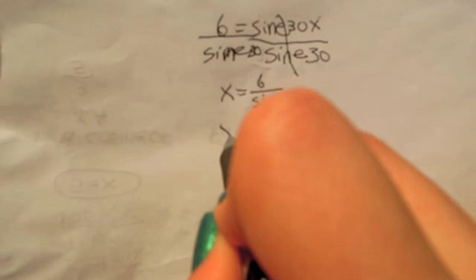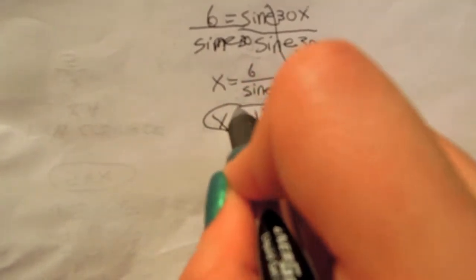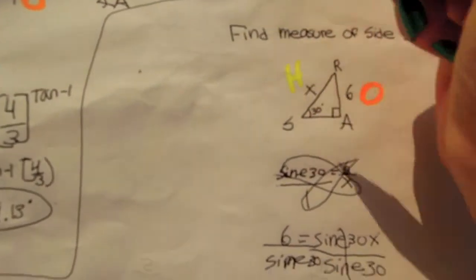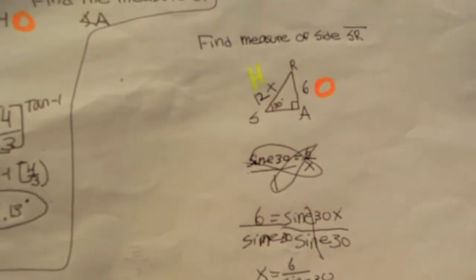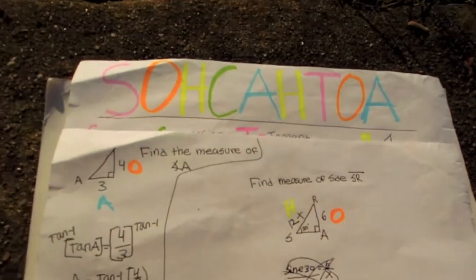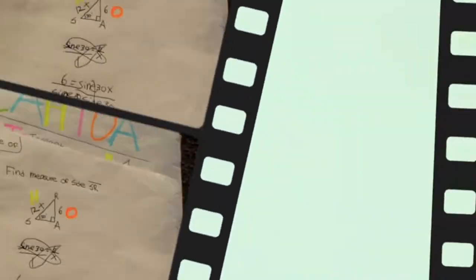And then ultimately, x equals 12, because you're going to divide by sine 30. And there you go. So this side length is 12. That's Sohcahtoa, guys. And from all of us here at Scuttlebutt Sophia Style, thanks for watching!